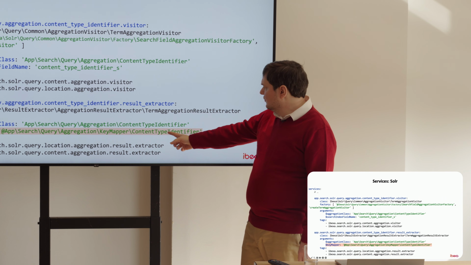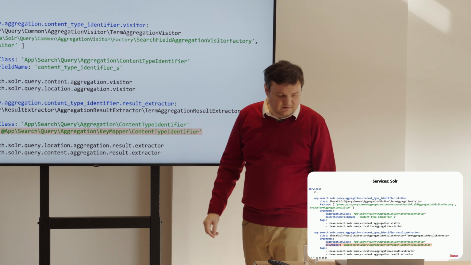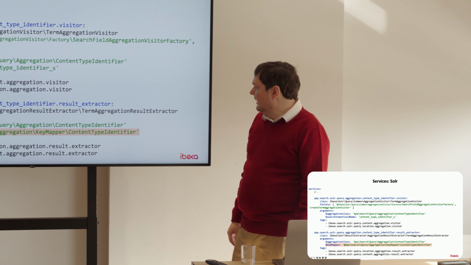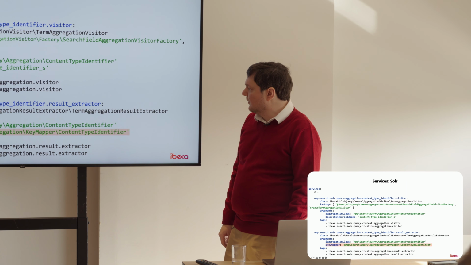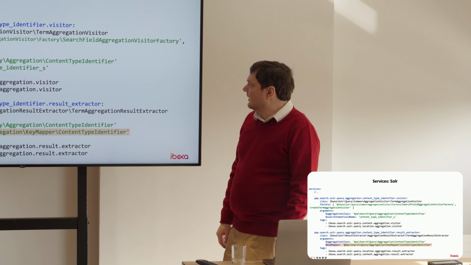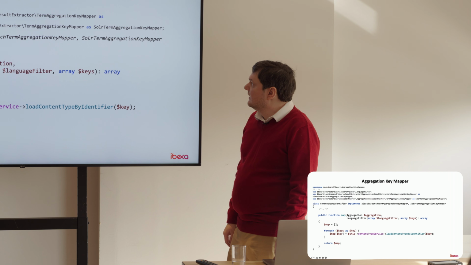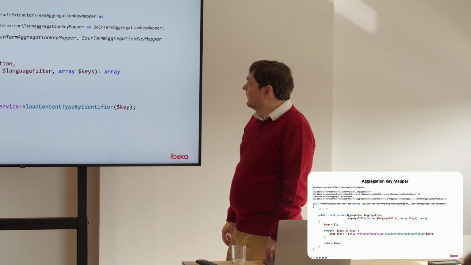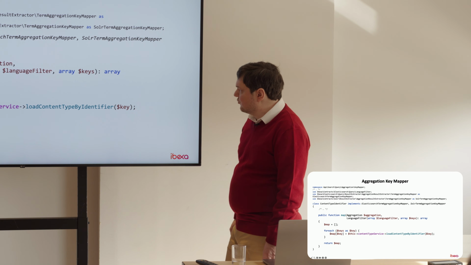But when it comes to result extraction, I still need something to map back from the result to an object I can use in the PHP API. So let's have a look at the key mapper. It's pretty simple.